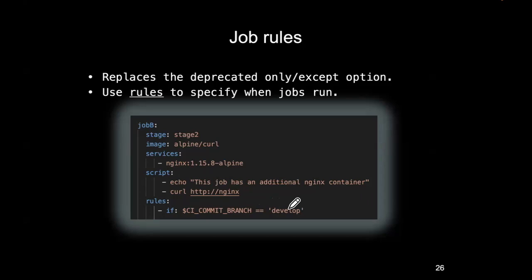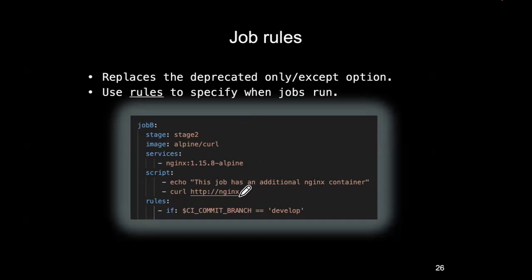The main branch is the branch called main. But supposing there were other Git branches within the repository, and the user has pushed to one of those other branches. Here we're checking to see, did they actually push to the develop branch? If that condition is true, then yes, you should execute this job. If it's not true, skip this job entirely and move on to the next one in the pipeline.